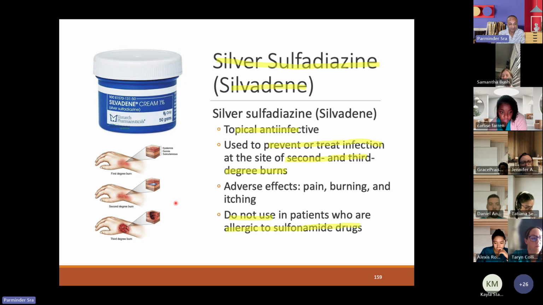And sulfa drugs are known to cause a lot of skin adverse effects. So we have to make sure that if somebody is allergic to sulfa drugs, it shouldn't be applied to those patients. Right? Everybody clear? Any question? Okay.